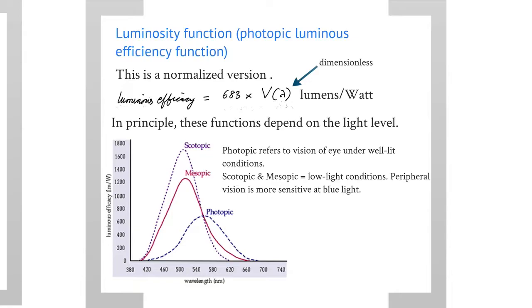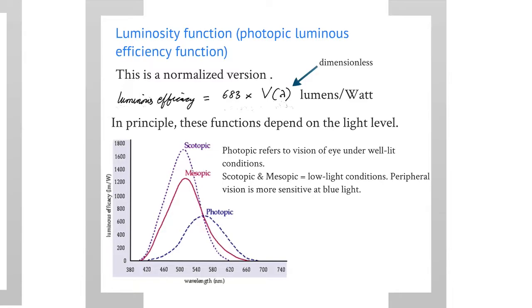And it's a normalized function, and the number 683 is just the normalized integral of the sensitivity function. Not important for us, but just be aware that the spectral intensity of the source, or spectral irradiance that we talked about before, is the V of lambda. That's in watts per nanometer, right? That's the source spectrum, like the sun spectrum.